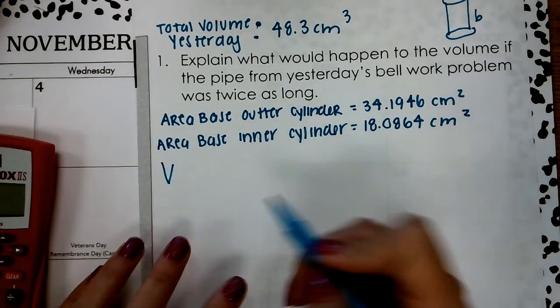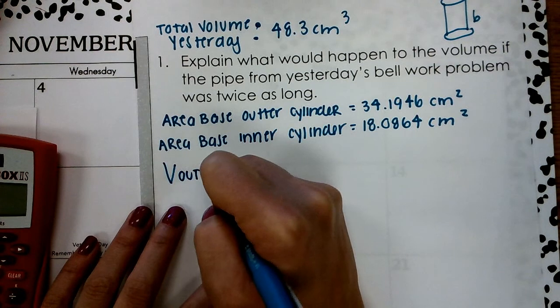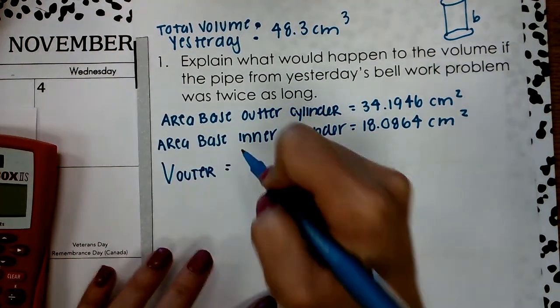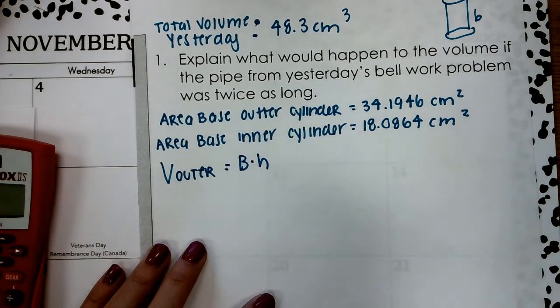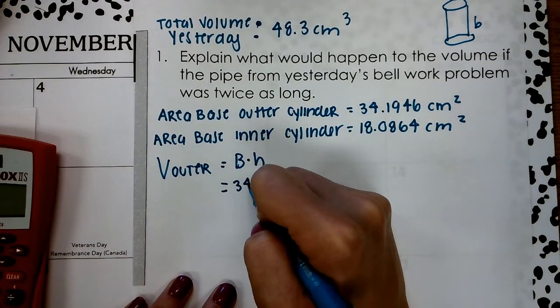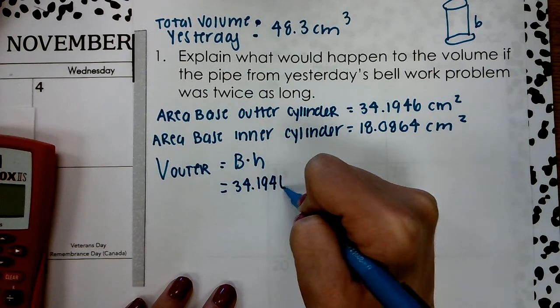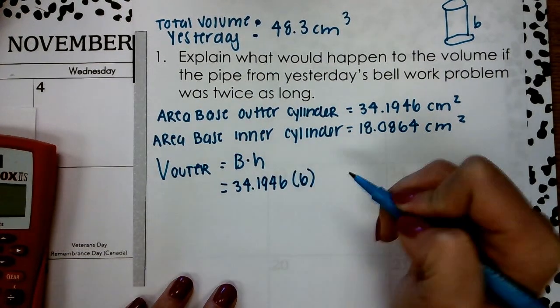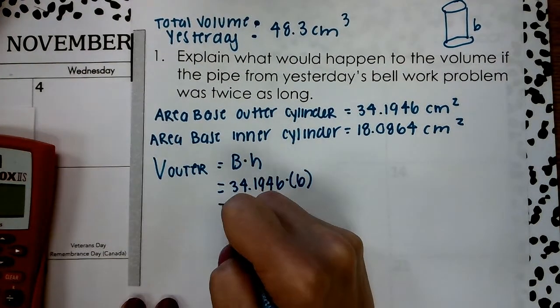The volume of the outer cylinder, we'll do that one first, is equal to the area of the base times the height. We know that the area of the base is 34.1946 and the height is 6. Now we're going to put this in our calculator.